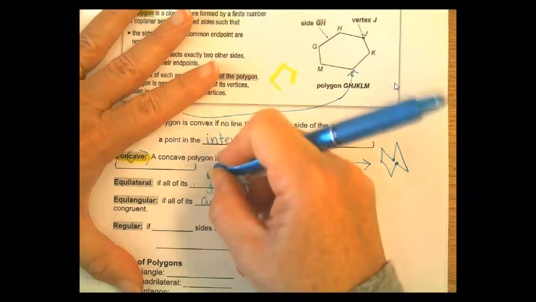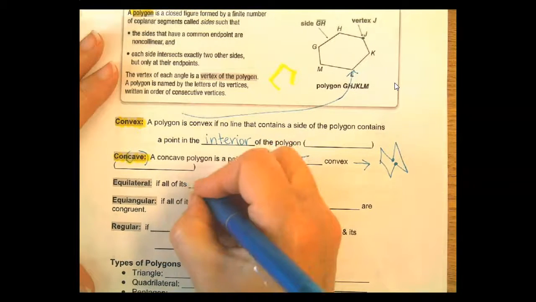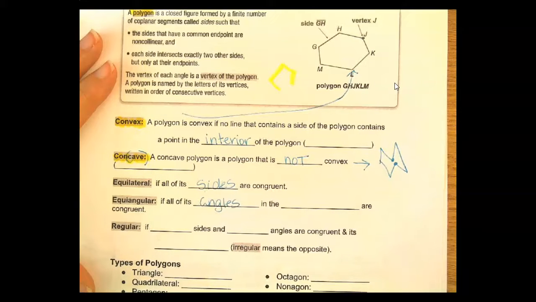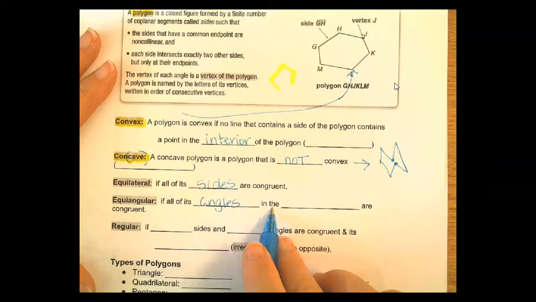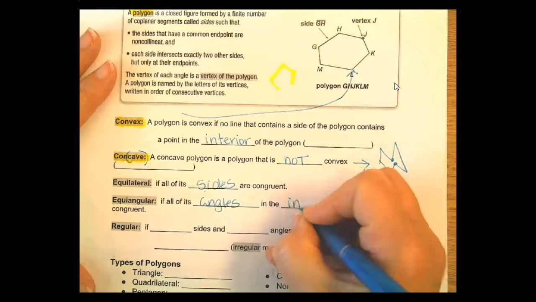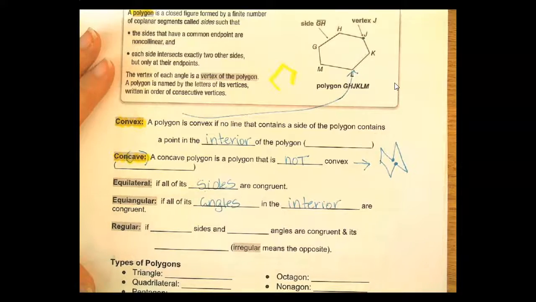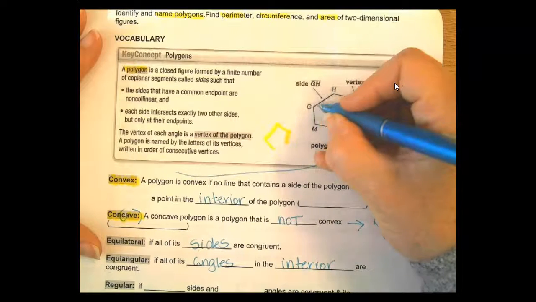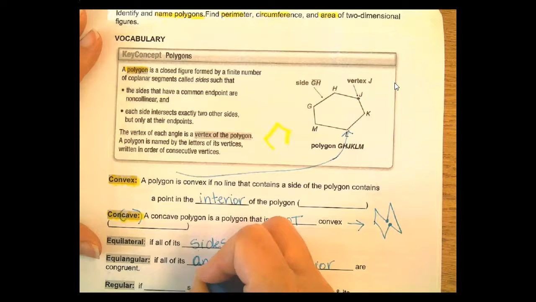Equilateral means all of its sides are equal. Equiangular means all the angles in the interior are equal or congruent. So this would not be, this is an example of where all of these angles are different. Okay, so that's what that means. I apologize.